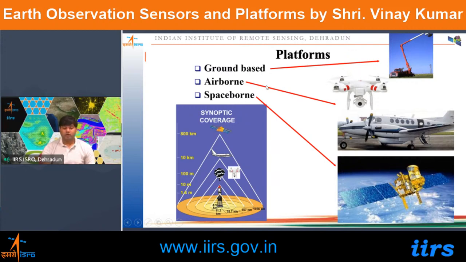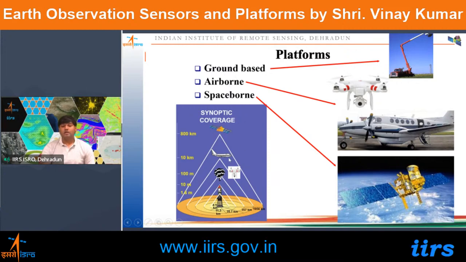Coming to airborne platforms, normally they are aircraft, fixed-wing aircraft or helicopters. But nowadays drones are being used because they are cheaper. You can fly a drone, capture a small area, and start doing the processing. Then spaceborne platforms are your satellites.